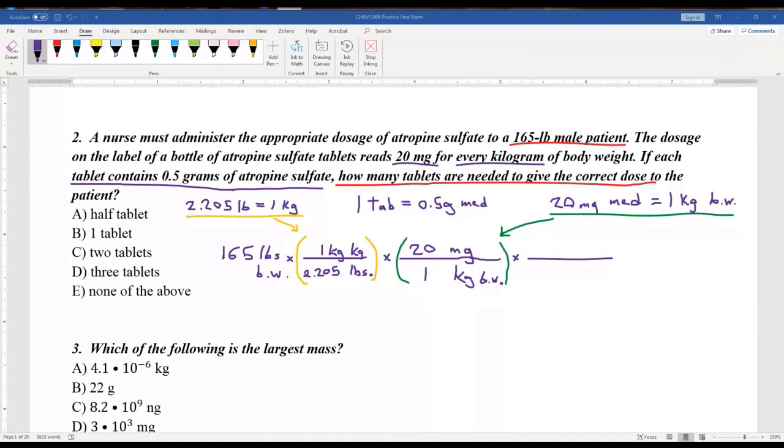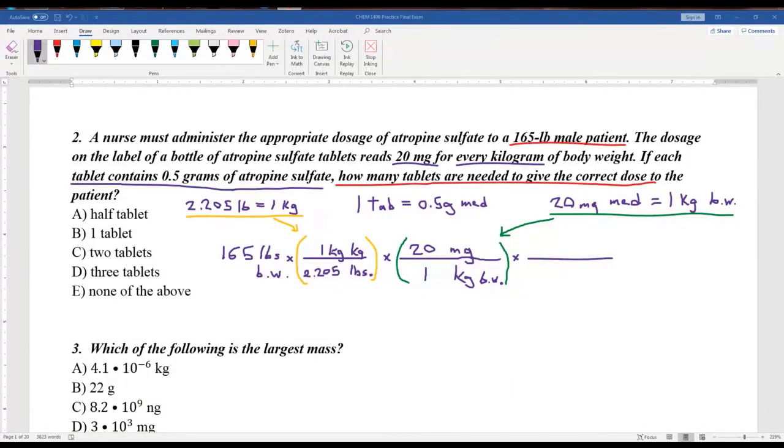Yes, go ahead. Question? Yes, for where it says 2.205 pounds, do we always have to write it out like that to be able to work this out? When you say write it out, do you mean like the 2.205 pounds equals 1 kilogram? Yes, I know that sometimes I think people just use 2.2 instead of 2.205.